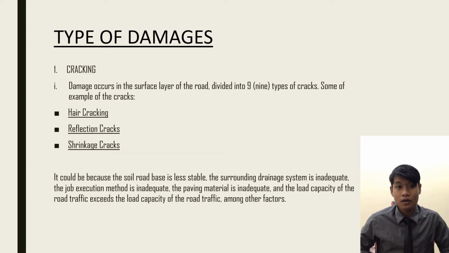It could be because the soil road base is less stable, the surrounding drainage system is inadequate, the job execution method is inadequate, the paving material is inadequate, and the load of the road traffic exceeds the load capacity of the road, among other factors.